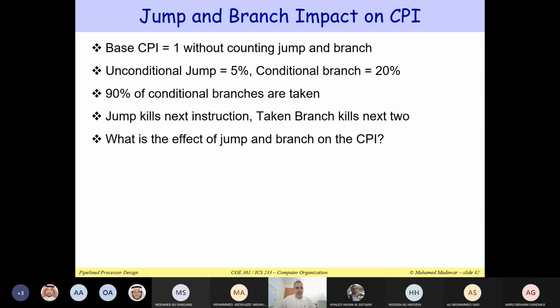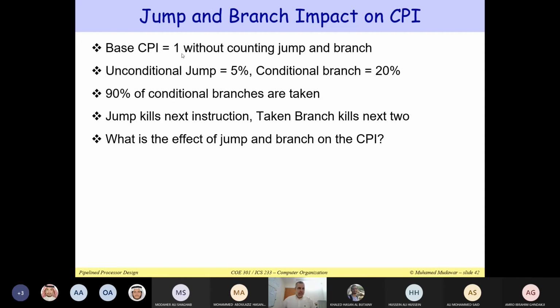There is one slide which is left here, which is about the impact on the CPI. In other words, we would like to see from the performance point of view how the jump and the branch impact the CPI. Here's an example about performance. It says that the base CPI is equal to 1.